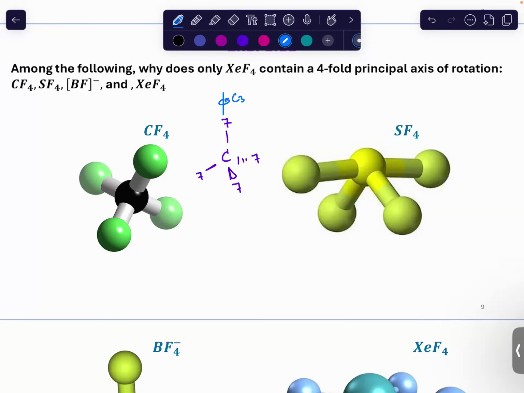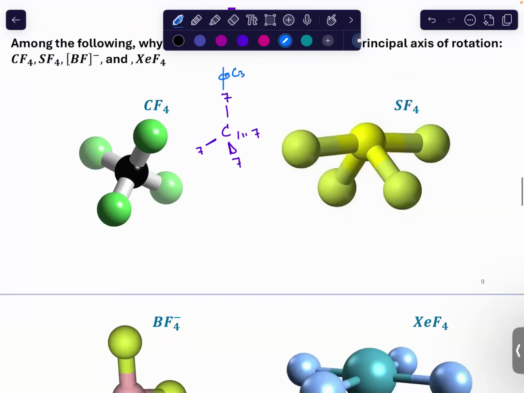Now the C2s are a little harder to visualize, so let's draw it like this, a more traditional representation.